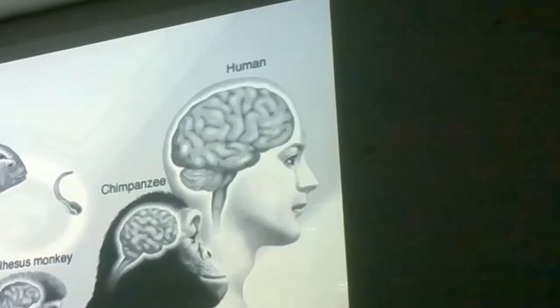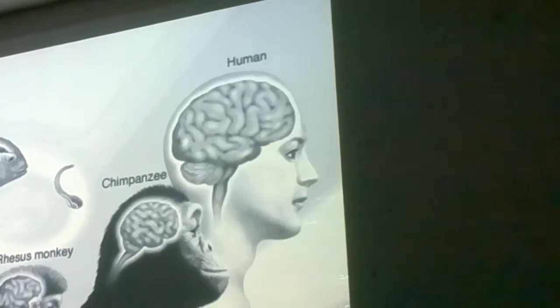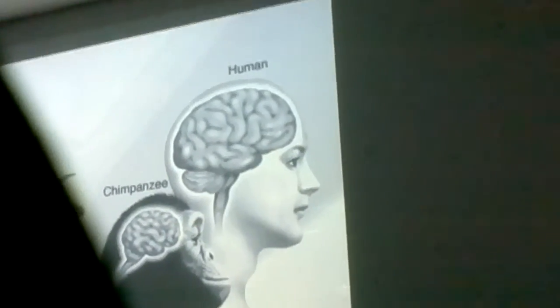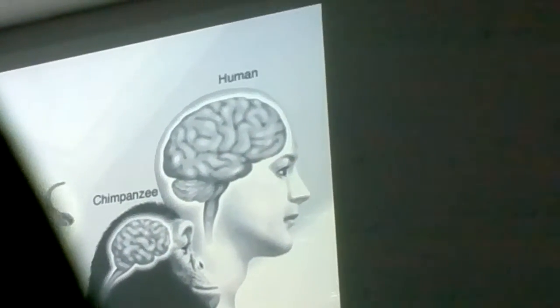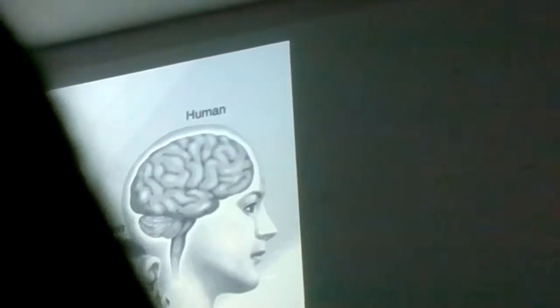Which place you are in? Which brain? So the brain is actually evolving in response to two things. One is movement, the capability to move. And the other is the ability to recognize patterns in the environment.